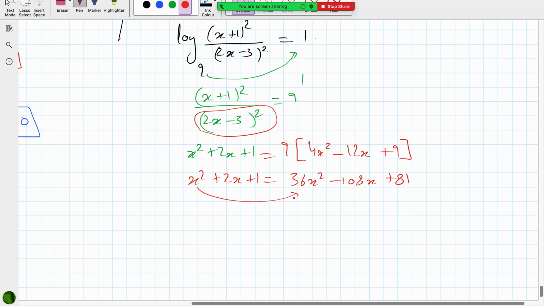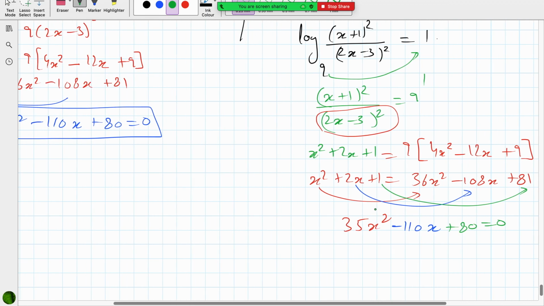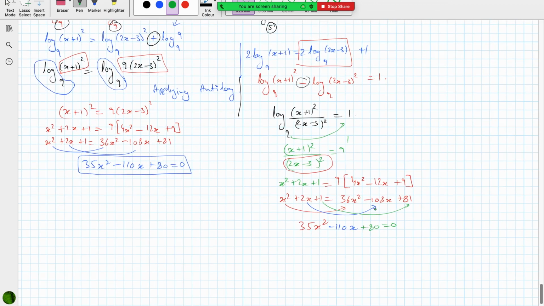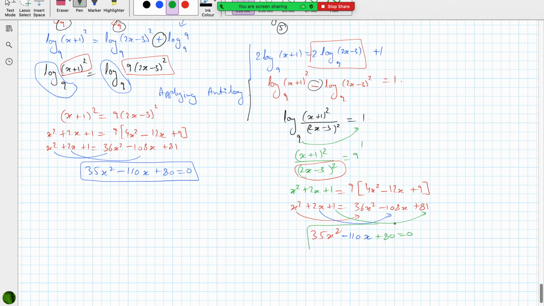Now take this x square on the other side, it becomes 35x square. We take this 2x on the other side, this becomes minus 110x. Take this 1 on the other side, this becomes 80 is equals to 0. Now compare these two. You see, whatever path you take, they are same.